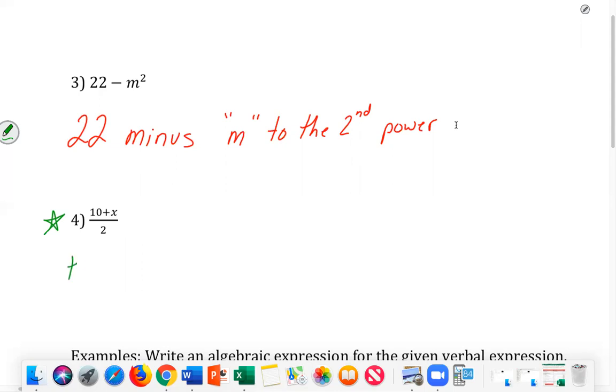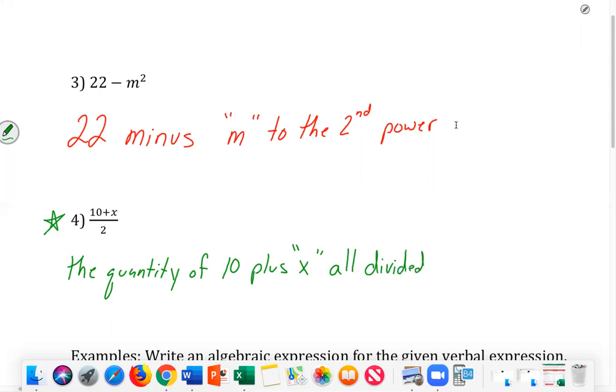So I'm going to write the quantity of (10 plus x) all divided by (2).